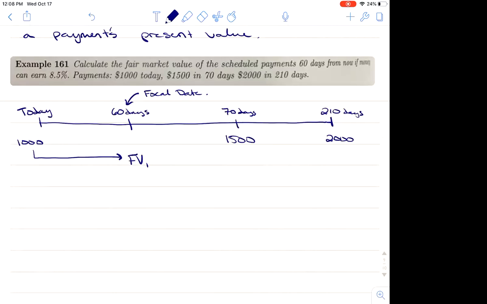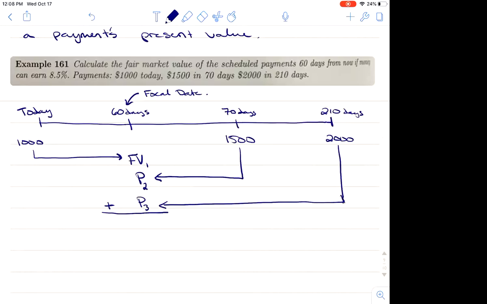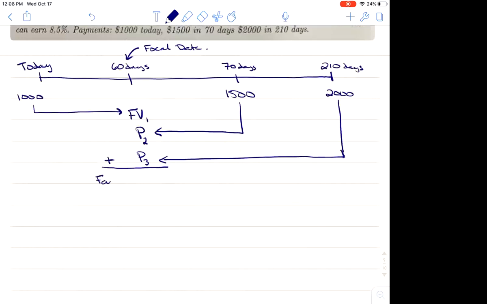So the 1,500 is going to get discounted, pulled back to 60 days, to some P2. And same thing, this 2,000 is going to get discounted to some P3. The sum of all these is going to be the fair market value at 60 days.